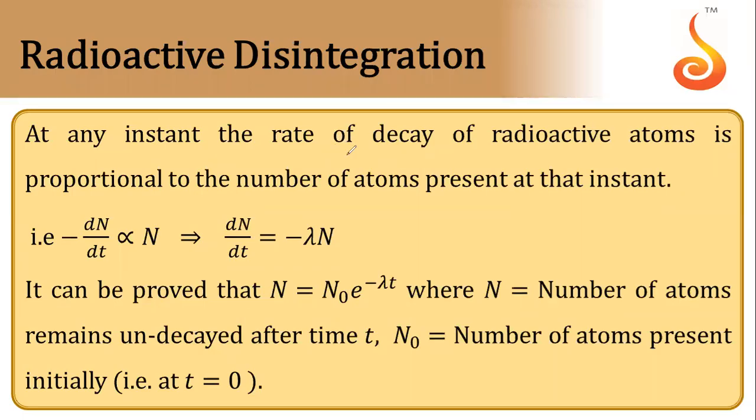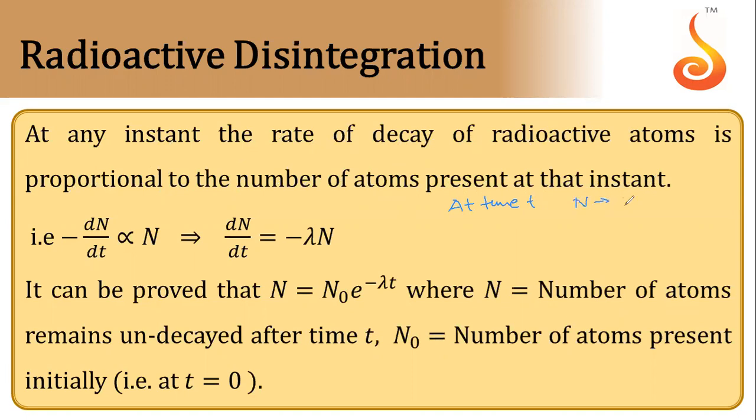The topic is radioactivity. At any instant, the rate of decay of radioactive atoms is directly proportional to the number of atoms present at that instant. Let's say at a time t, we have N number of atoms present in the sample.